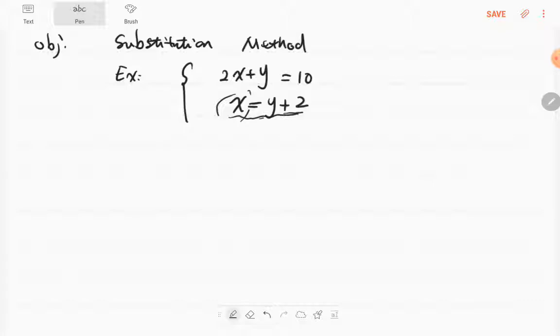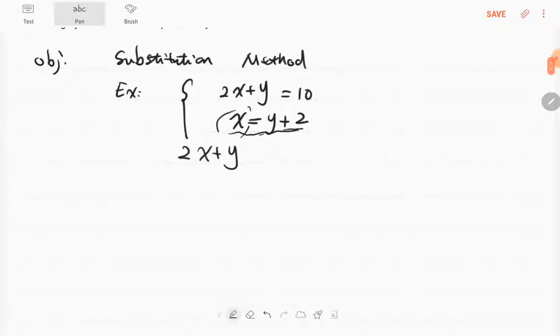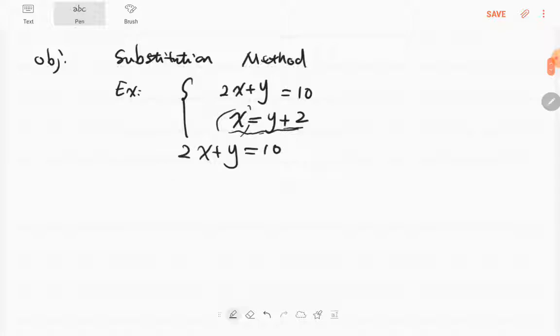Because we already solved for x, we use this y plus 2 to replace x in another equation. So we go back to the first one. First we have 2x plus y equals 10. But we want to substitute x by using the second equation. So this time we will not use x.